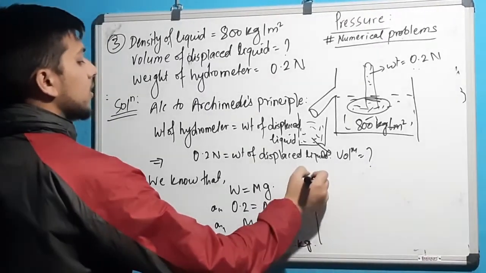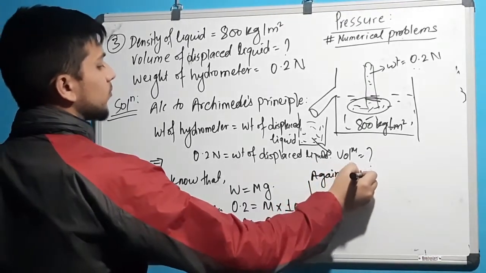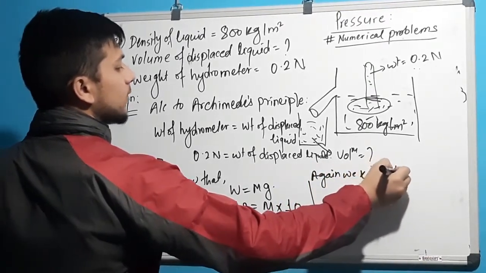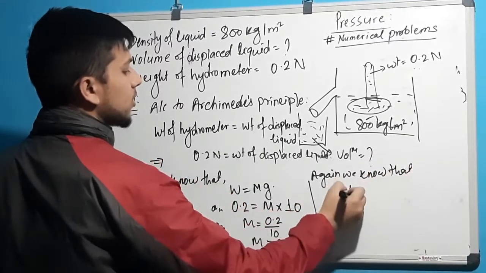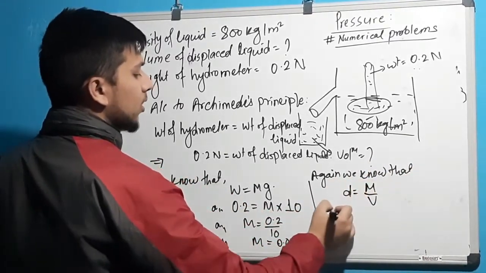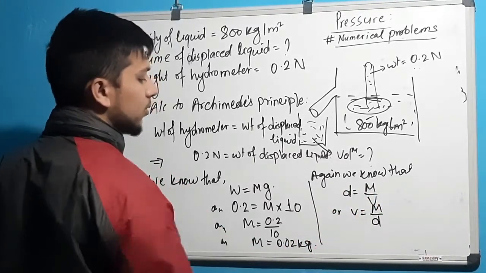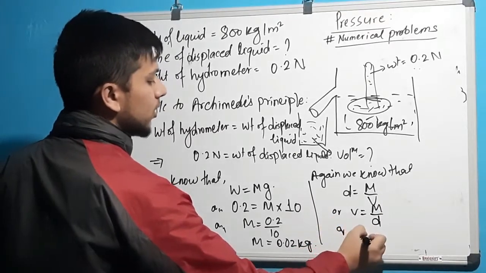Also we know that density D equal to mass upon volume, or volume equal to M upon D. This is the cross multiplication. Or volume V equal to how much?